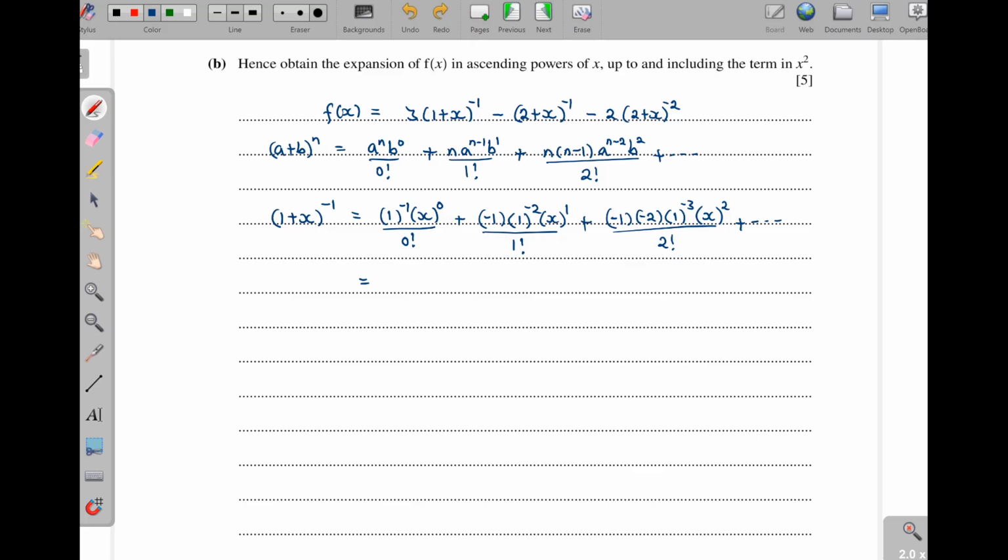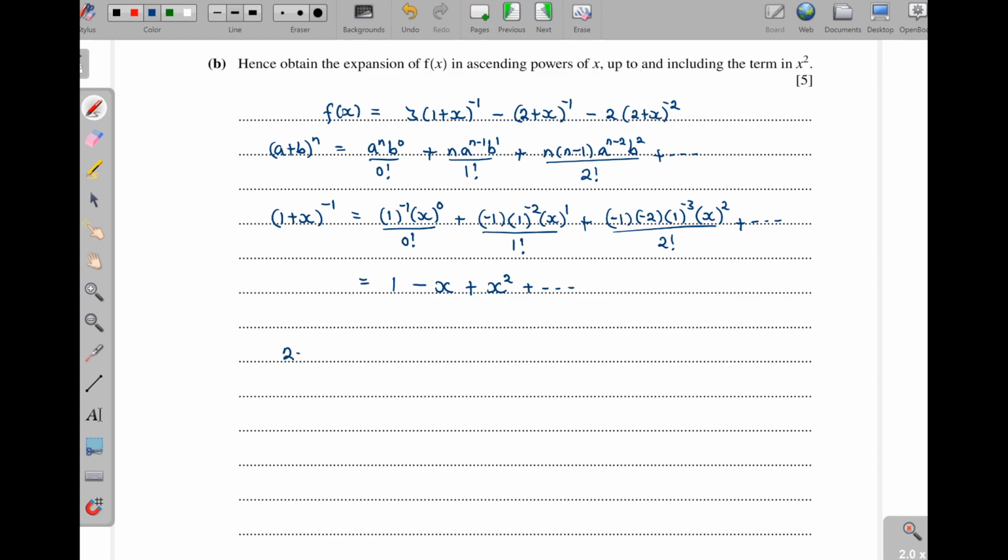Then 1 power any number is a 1, but then 0 factorial is a 1 because there is only one way to arrange an empty set. Then, of course, a negative. Here we shall get minus, then the x, and then this is a negative times a negative, which is a positive. That one will cancel with the 2 factorial, and then we shall get our x squared there. The rest we ignore.